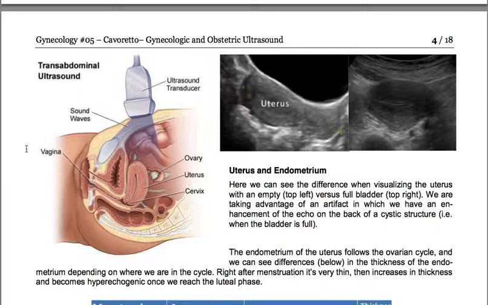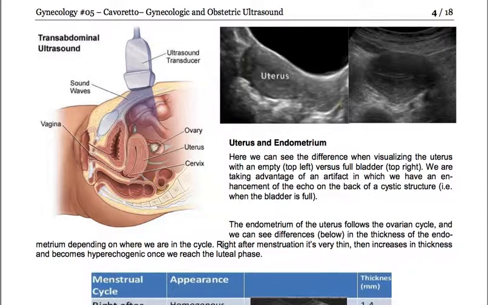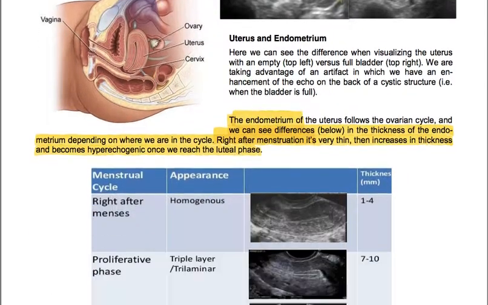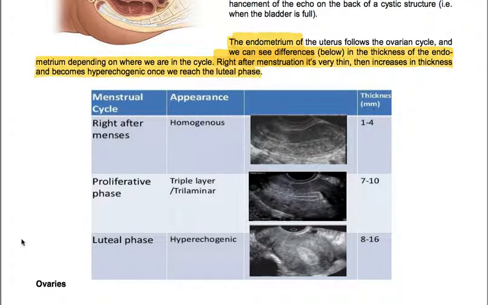Right after menstruation it is very thin, then increases in thickness and becomes echogenic once we reach the luteal phase, as you see here.